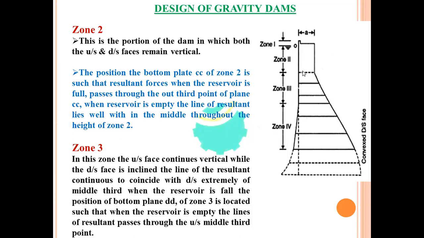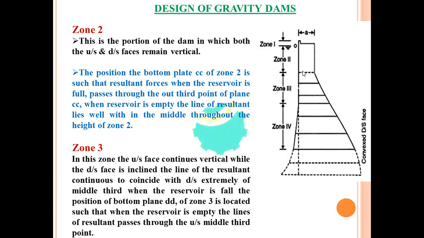The height of zone 2 is such that the resultant force when the reservoir is full passes through the outer third point of the plane. When the reservoir is empty, the line of resultant lies within the middle third.